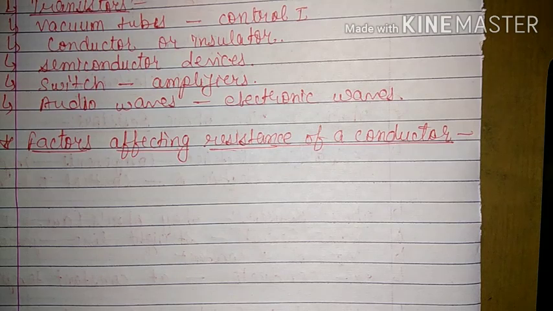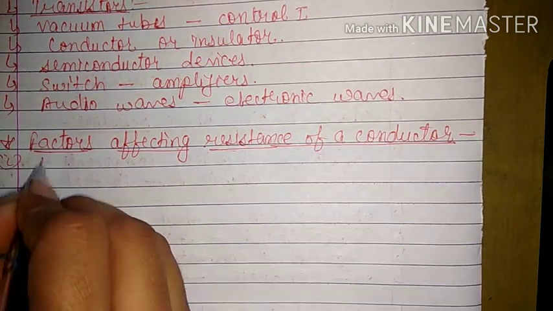Our next topic is factors affecting resistance of a conductor. That means the factors which will change the resistance of a conductor. So first of all, the first factor is material.